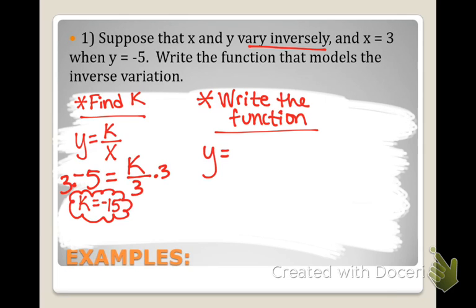My k is negative 15 over x. The only thing we plug in when we write the function is the k. And we've got to use this form, where the y is alone. Do we have questions about our first example? That's the answer. That's what they asked us to do. Write the function that models the inverse variation. That's it.